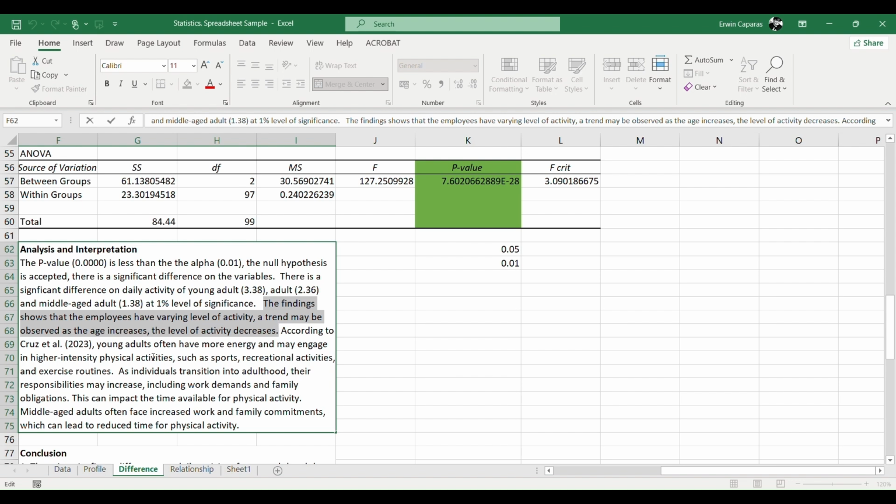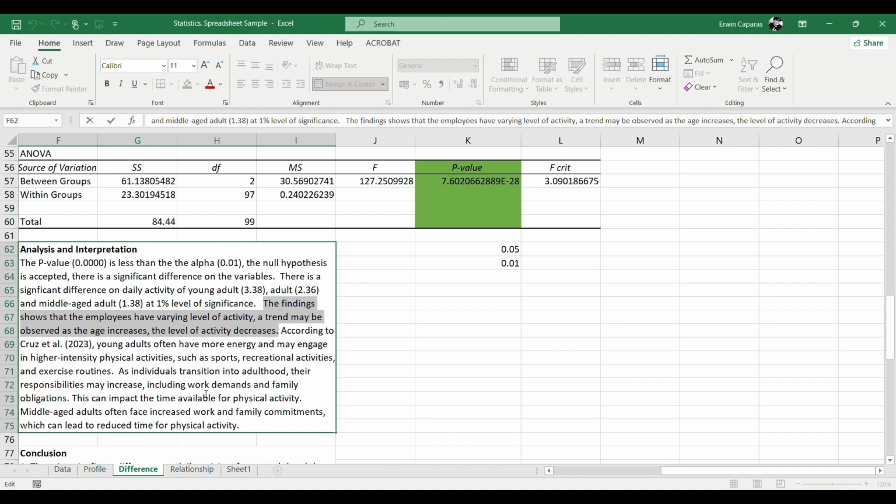Okay, so we look again at our RRL that would support this study. Lumalabas according to Cruz et al., 2023, young adults often have more energy and may engage in higher intensity physical activities such as sports, recreational activities, and exercise routines.